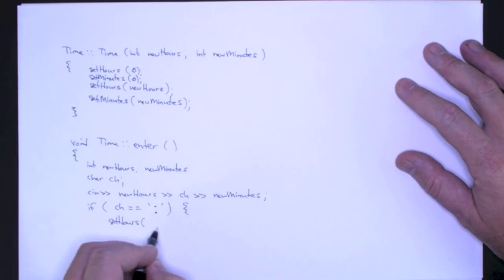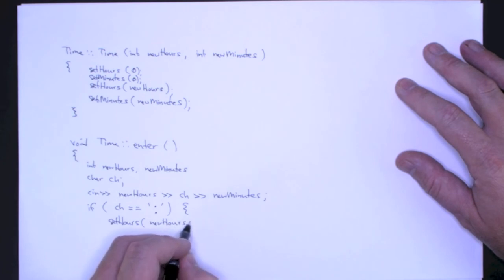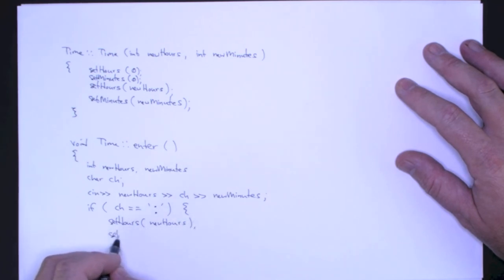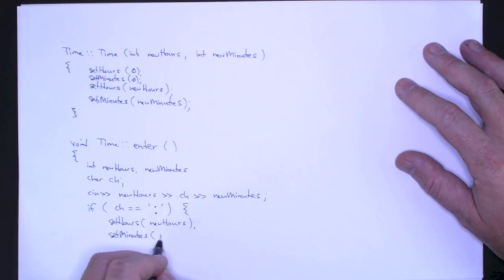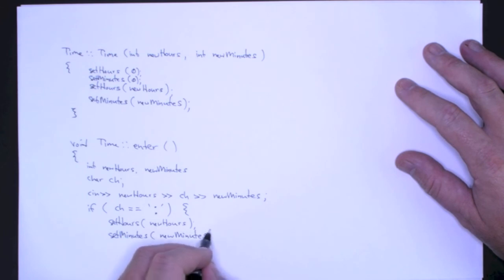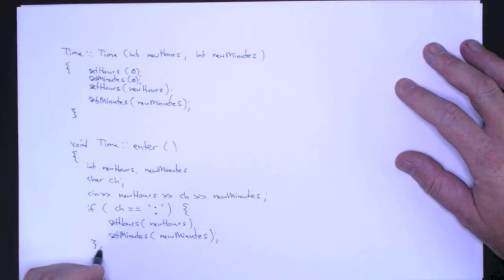I'll try to set hours to new hours, and then I'll set minutes to new minutes, just like that. That's the end of my if, and that's the end of my enter method.